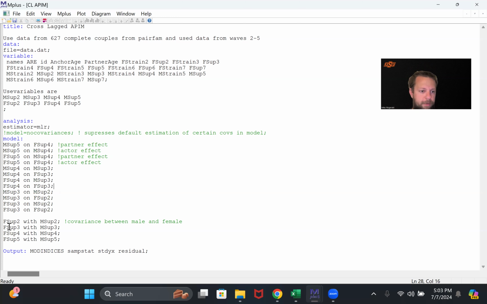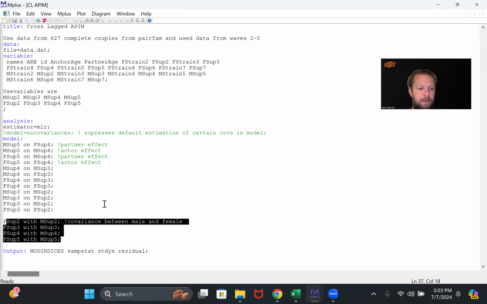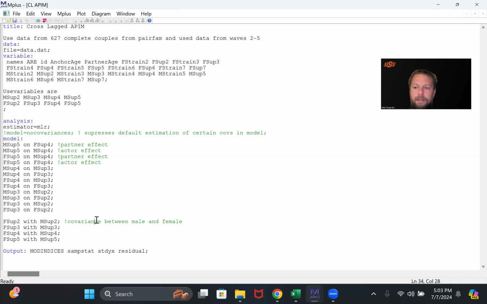So down here, we have our covariances. Again, we're using dyadic analyses, and in the actor-partner interdependence model, we account for non-independence in 2 ways. The first are partner effects, and the second are residual covariances.